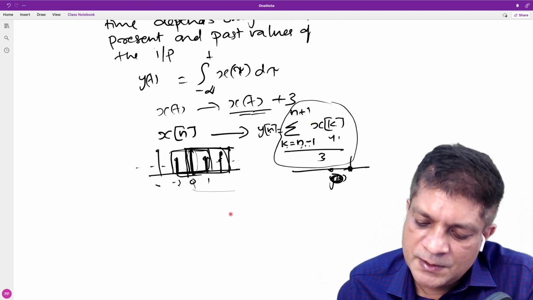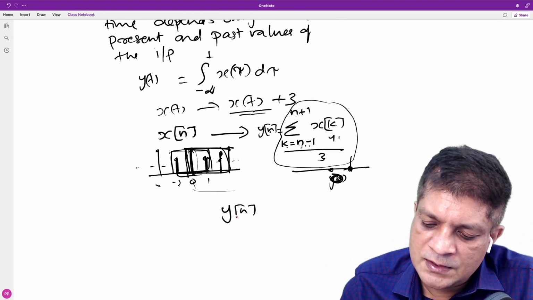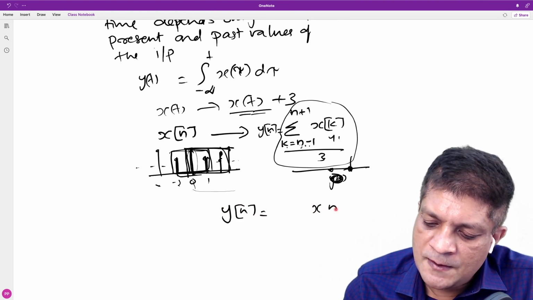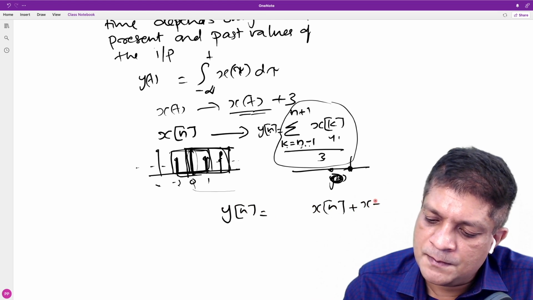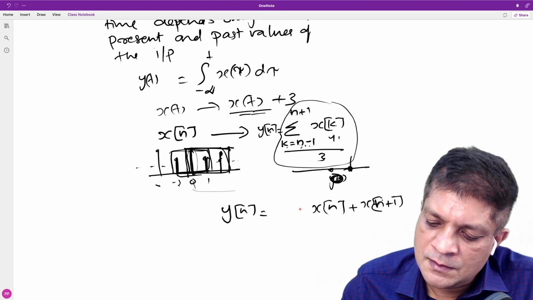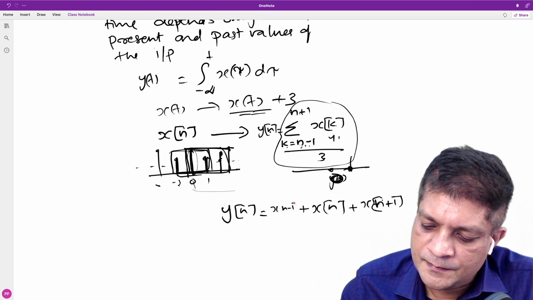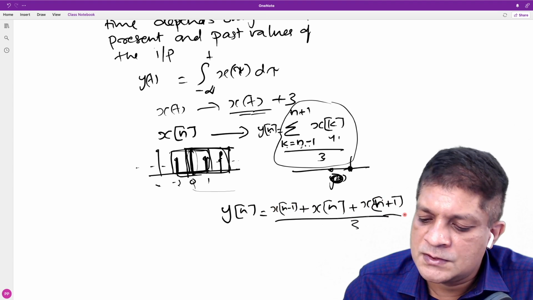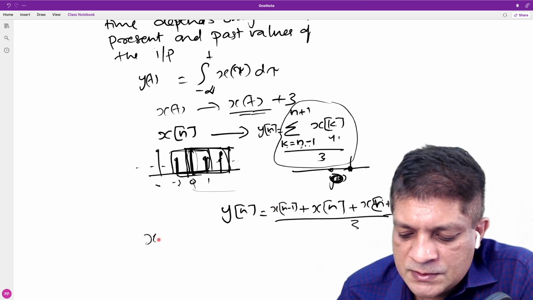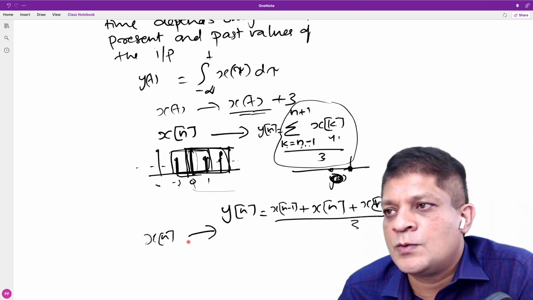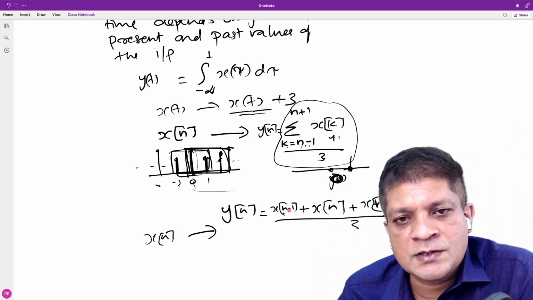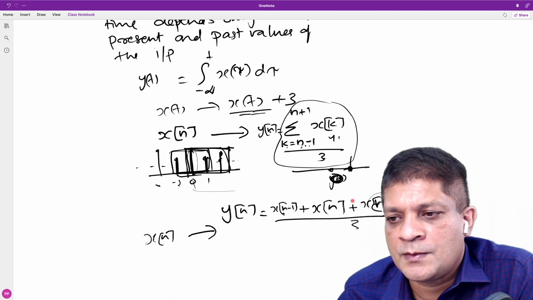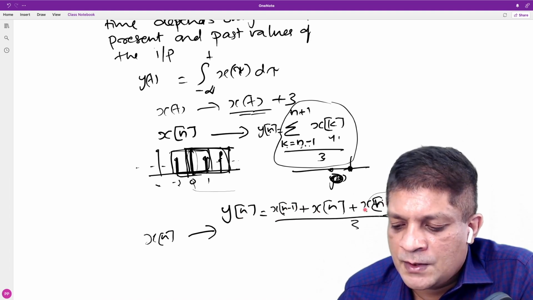So we can simply write this as y[n] is x[n] plus x[n-1] plus x[n+1]. If you are giving x[n] as the input, this is the output y[n]. x[n-1] is the previous value, and x[n+1] is the next, future value.